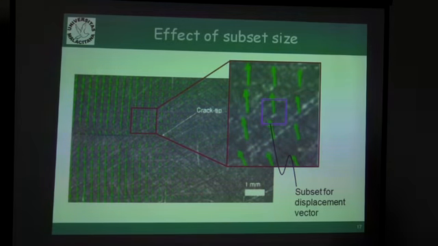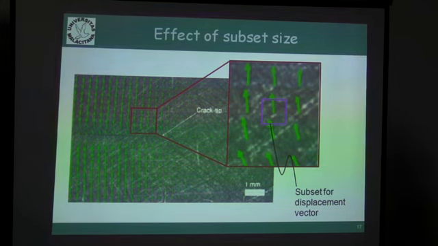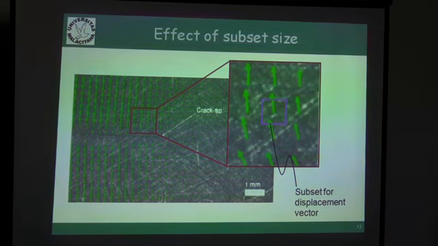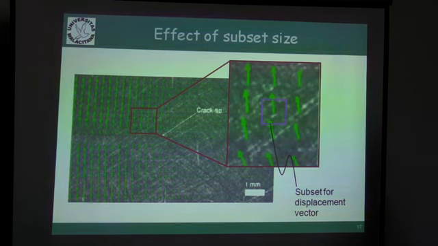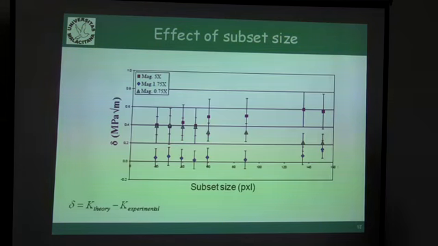And finally, we were interested in looking at the effect of the subset size. For the image correlation algorithm, we have to evaluate the interrogation window over a certain size, and does that affect the results?